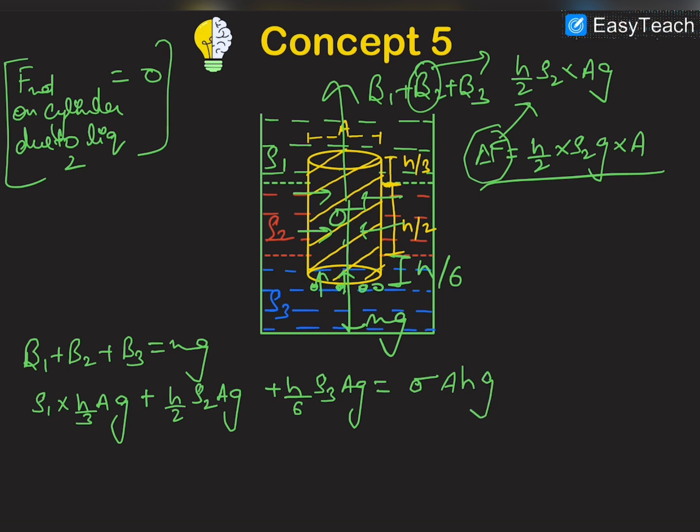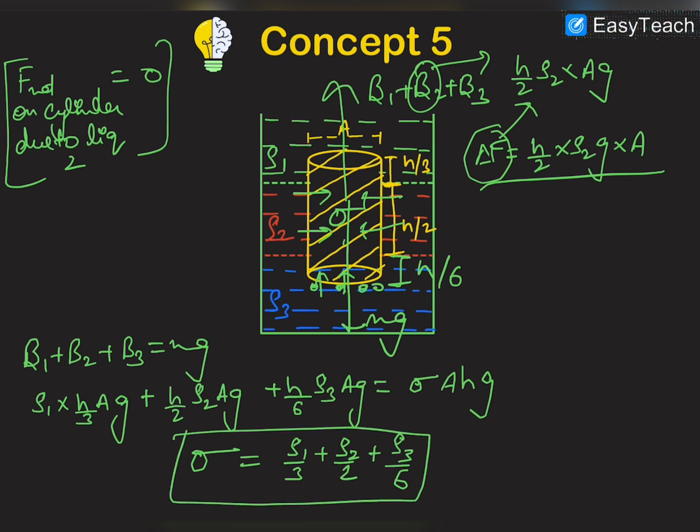So cancelling this Ahg, sigma will be rho 1 by 3 plus rho 2 by 2 plus rho 3 by 6. This will be the value of sigma.